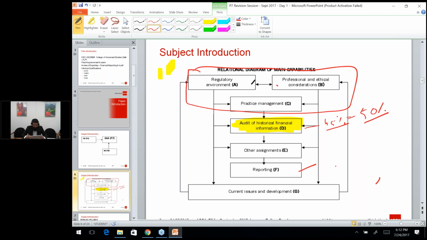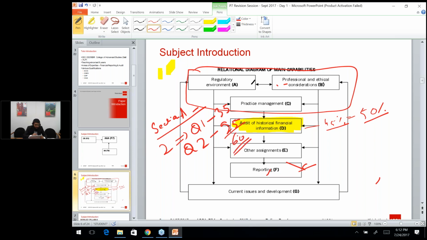Overall, what is the exam structure? Paper P7 has section A, which comprises 2 questions. Question number 1 is usually a 35 mark question. Then question number 2 is usually a 25 mark question. In total this is 60 marks.